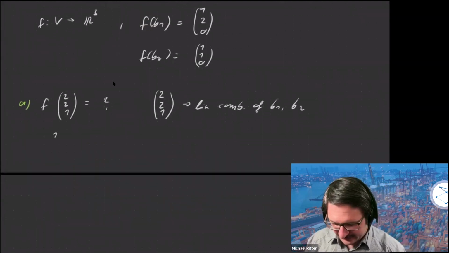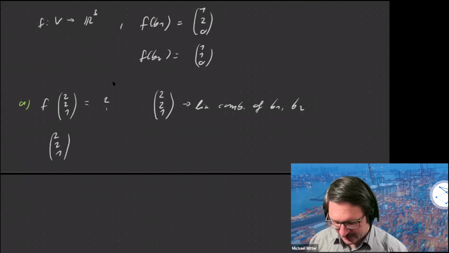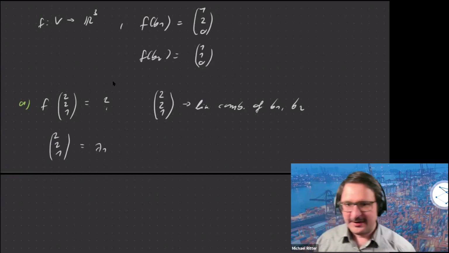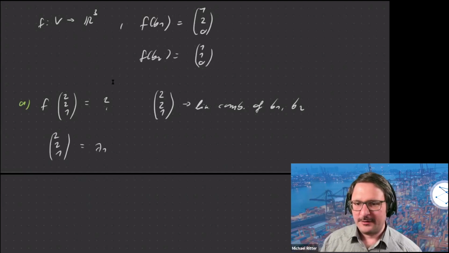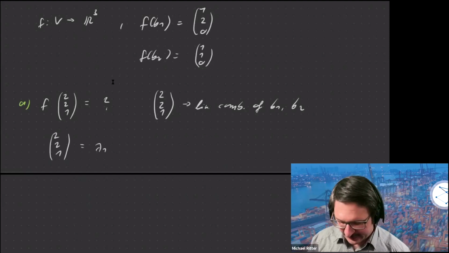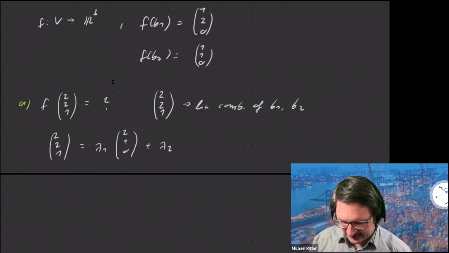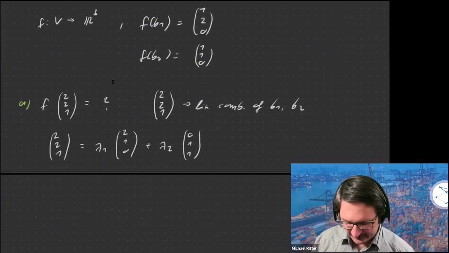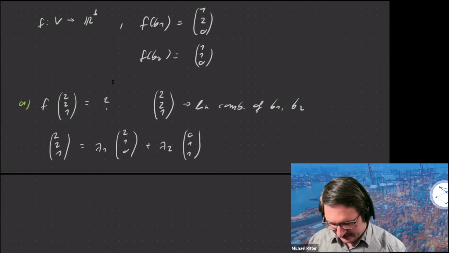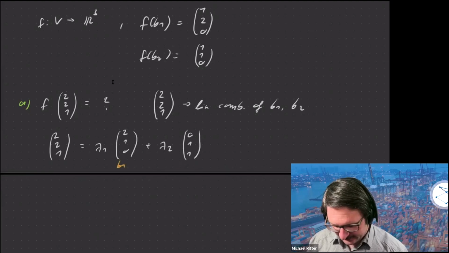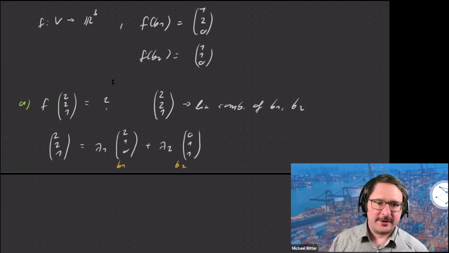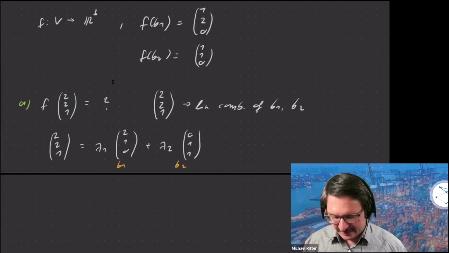To do that, we take this vector 2, 2, 1 and write it as a linear combination of b1 and b2. Remember, b1 is 2, 1, 0 and b2 is 0, 1, 1. We want to determine the right values for lambda 1 and lambda 2.